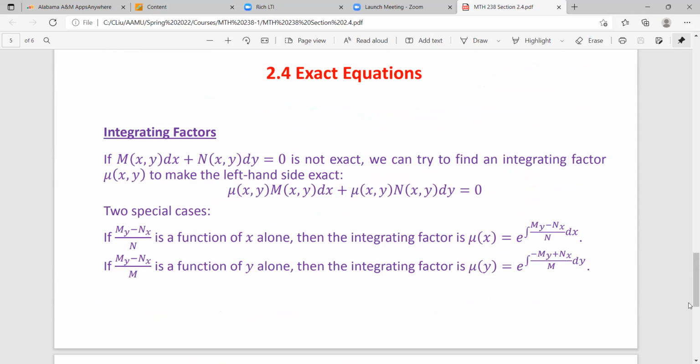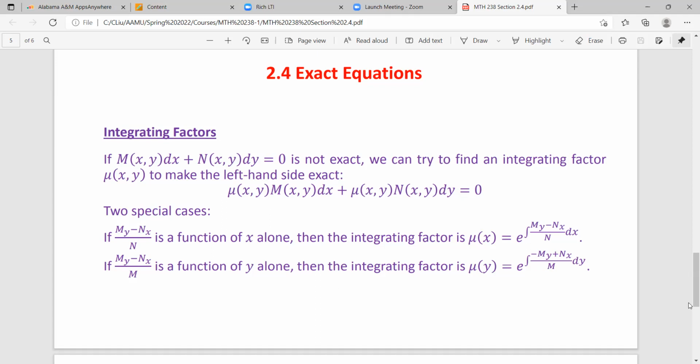So suppose we have a differential equation M dx plus N dy equal to 0, not exact. Then how do we solve the equation? Well, it is possible to find an integrating factor mu to make the left-hand side exact.